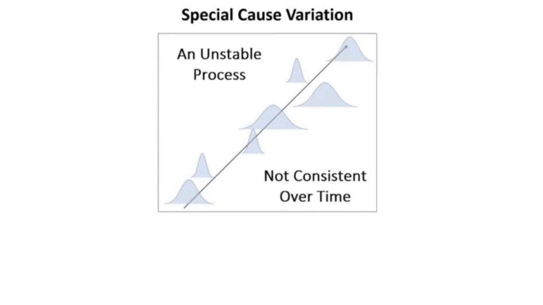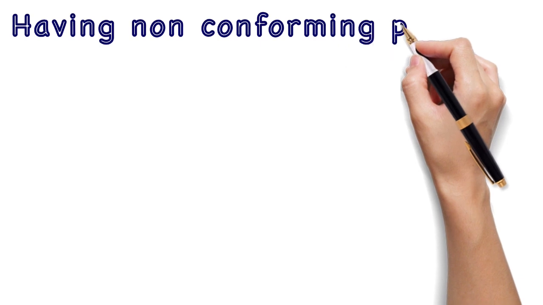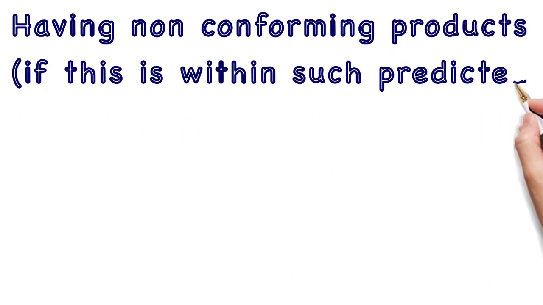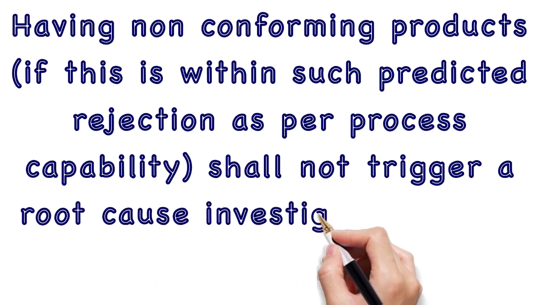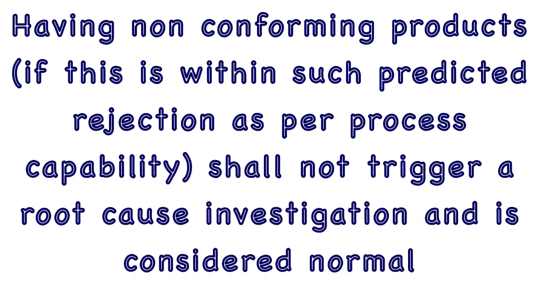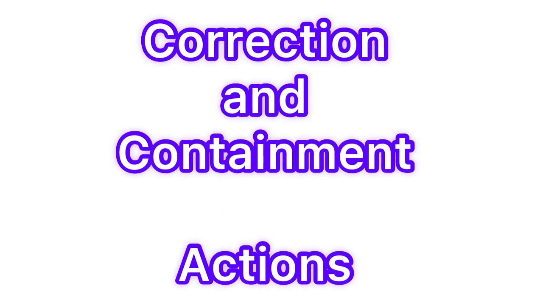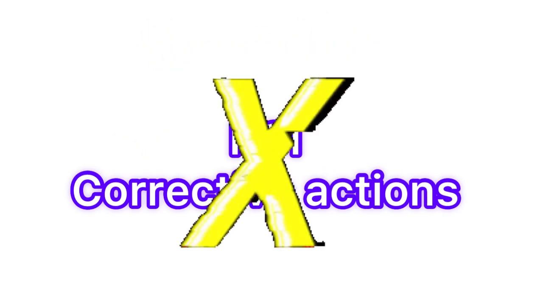And this is why, as mentioned, having a non-conforming product, if it is within such predicted rejection as per process capability, shall not trigger a root cause investigation and is considered normal. Of course, again, it needs correction and containment actions as applicable. But no RCI or corrective actions are needed in this case.